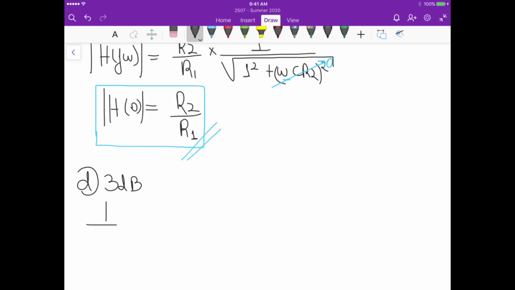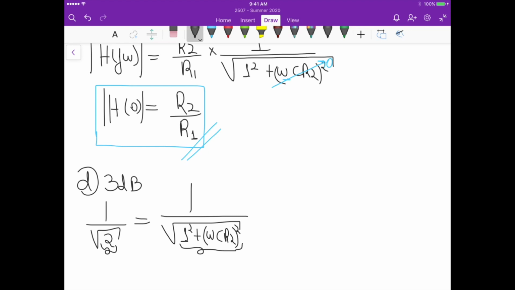Once we have our gain reduced by 1 over square root of 2, that should equal 1 over square root of 1 squared plus omega C R2 squared, right? So we must have this term inside the square root equal to this term inside the square root. This gives us that 1 plus omega C R2 squared should equal 2, right?